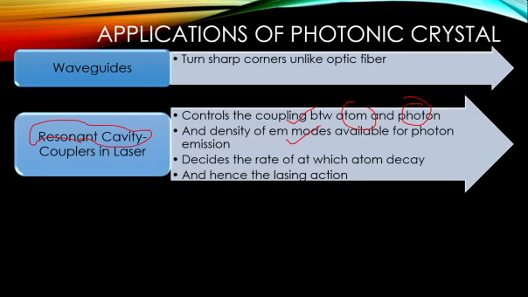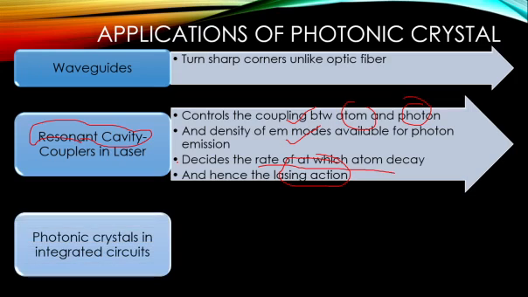These two factors will decide the rate at which an atom can decay. The decay of an atom from the excited state to the low energy state is essential for lasing action to happen. So the presence and tunability of the resonant cavity can help in producing laser action.